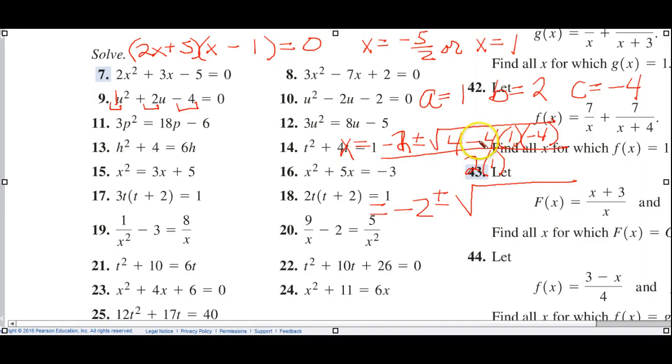Now this is a negative times the negative makes this a positive. 16 plus 4 is 20, all over 2.